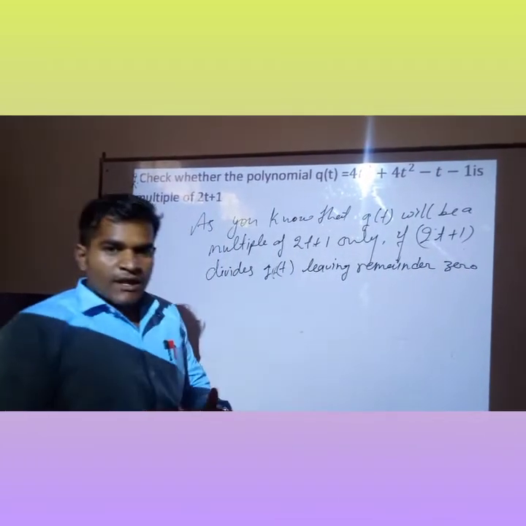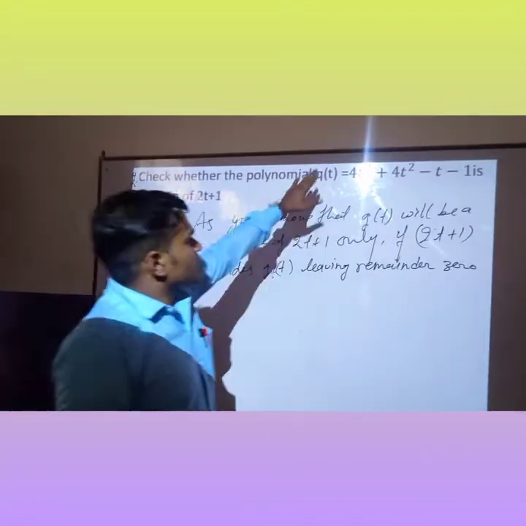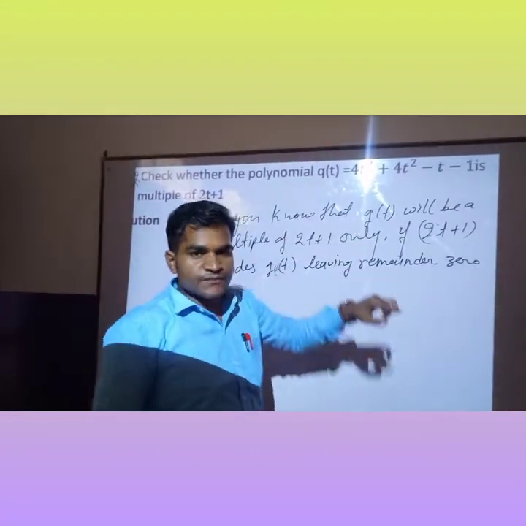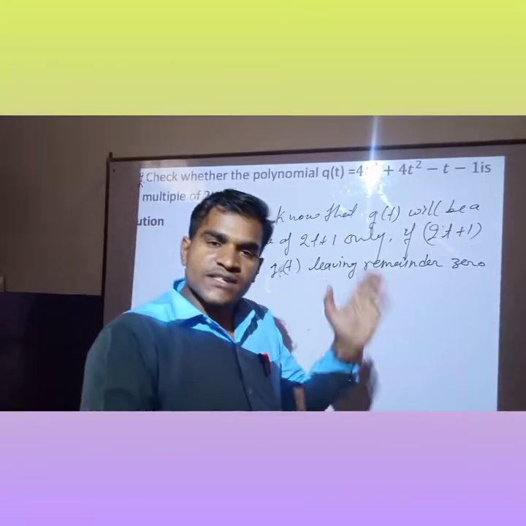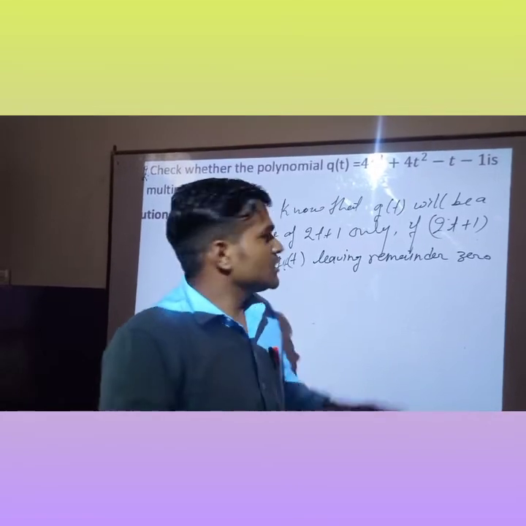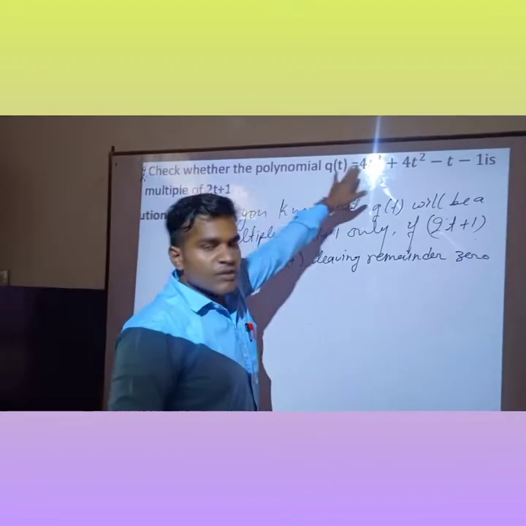Means students, we say that q(t) is a multiple of 2t plus 1 if 2t plus 1 divides q(t) leaving remainder 0. It means 2t plus 1 will be a factor.